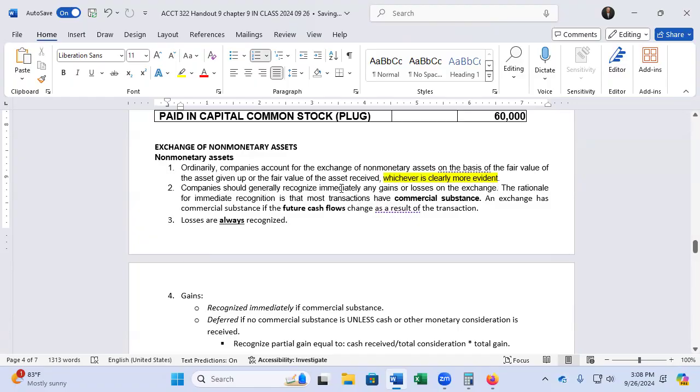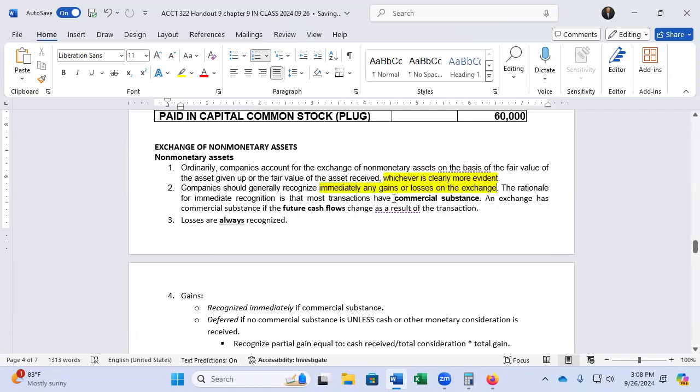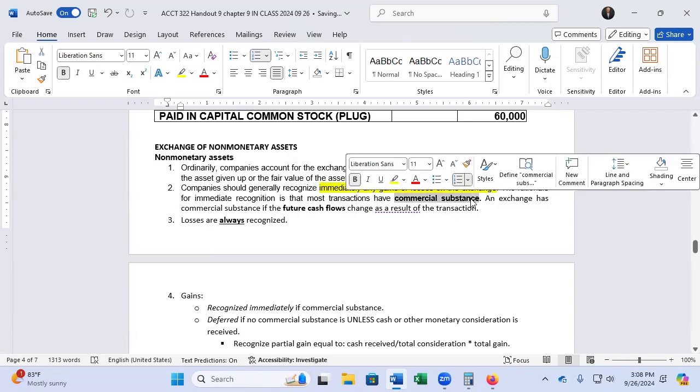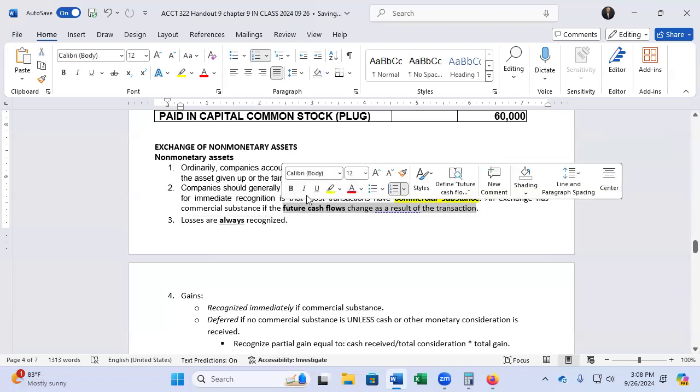Companies should generally recognize immediately any gains or losses on the exchange for transactions that have commercial substance. And the exchange has commercial substance if the future cash flows change as a result of the transactions.